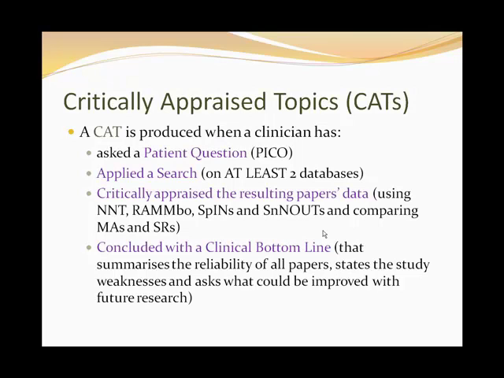Now, the clinical bottom line could also state what the study weaknesses were and what could be improved in future research. And if we could feed that back to the drug companies, we would have a far better stand as clinicians in years to come, because we could direct the clinical research that's done.